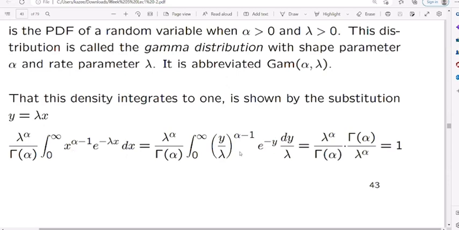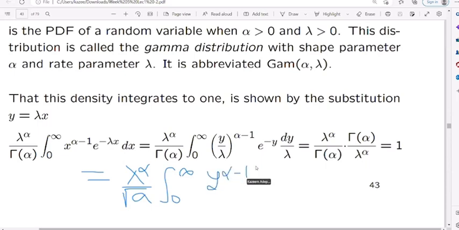So here now, you just need to simplify. Let me rewrite that so that you will understand what I mean. If you take a look at this, we get lambda raised to the power alpha over gamma alpha, integral from 0 to infinity, y raised to the power alpha minus 1, divided by lambda raised to the power alpha minus 1, exponential raised to the power of negative y, divided by lambda.